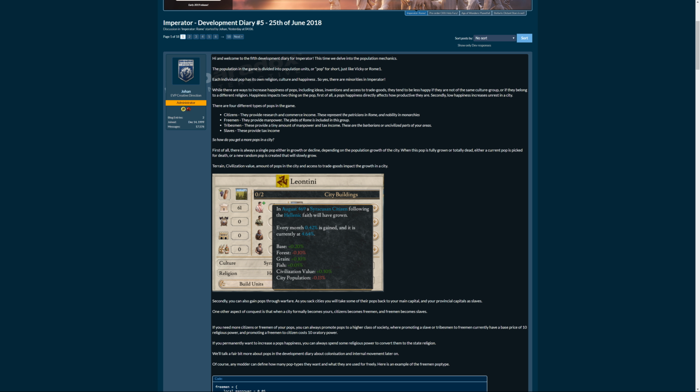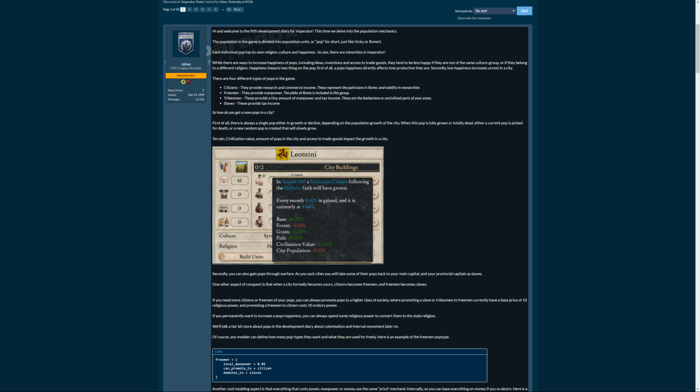Secondly, low happiness increases unrest in a city. So there's the unrest mechanic that is also known from things like Rome 1 and newly Stellaris. Yeah, that's a continuous system that Paradox uses, and I like how they try to fine-tune the system to every epoch, to every era of history, be it the future or one of the ancient periods.